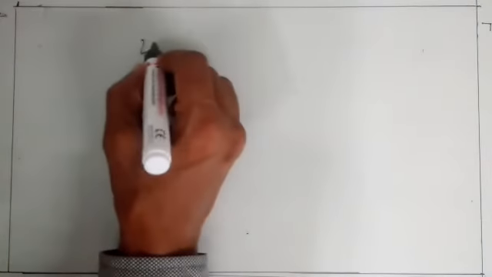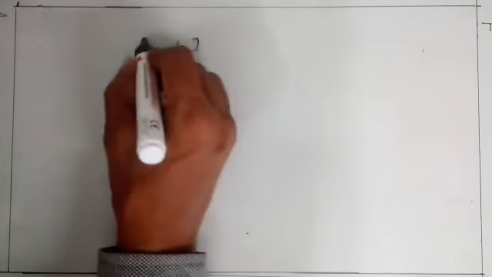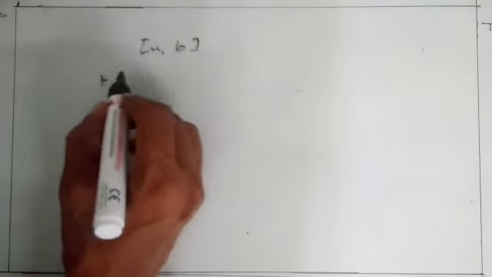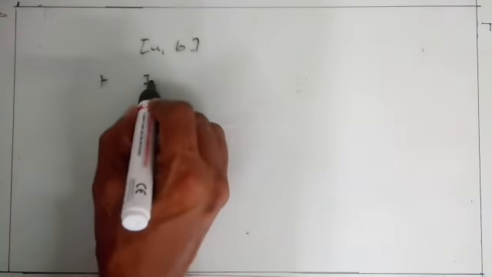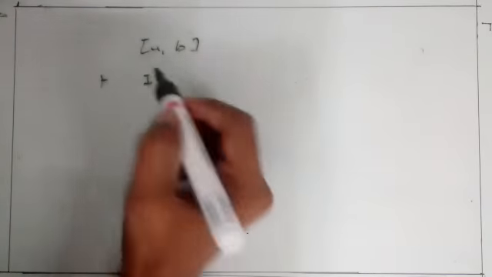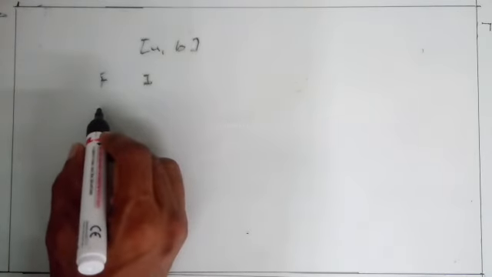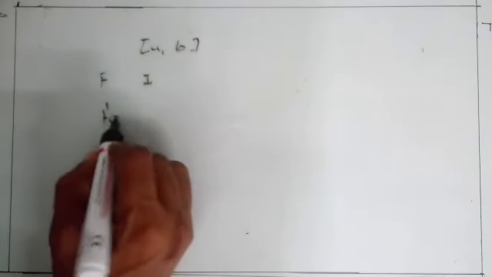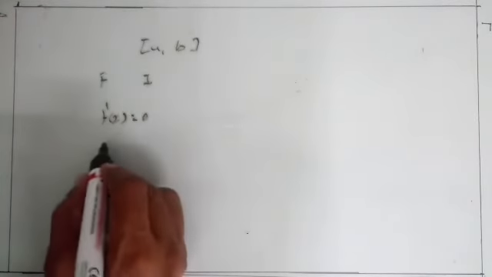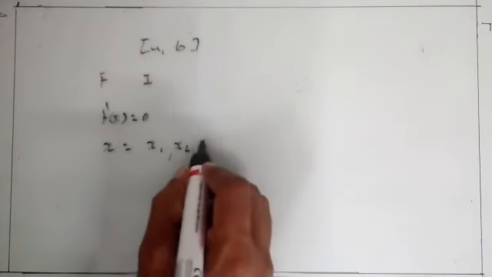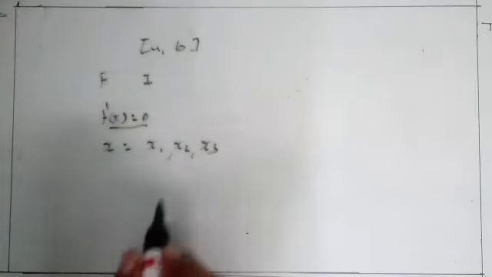Now here we discuss the maximum and minimum value of a function in a closed interval [a, b]. Remember this here. For a function f defined on interval I, and the closed interval [a, b] is a subset of I, first we get the first derivative. First derivative compare with 0, get different values of x, like x is equal to x1, x2, x3, we get from first derivative equal to 0.